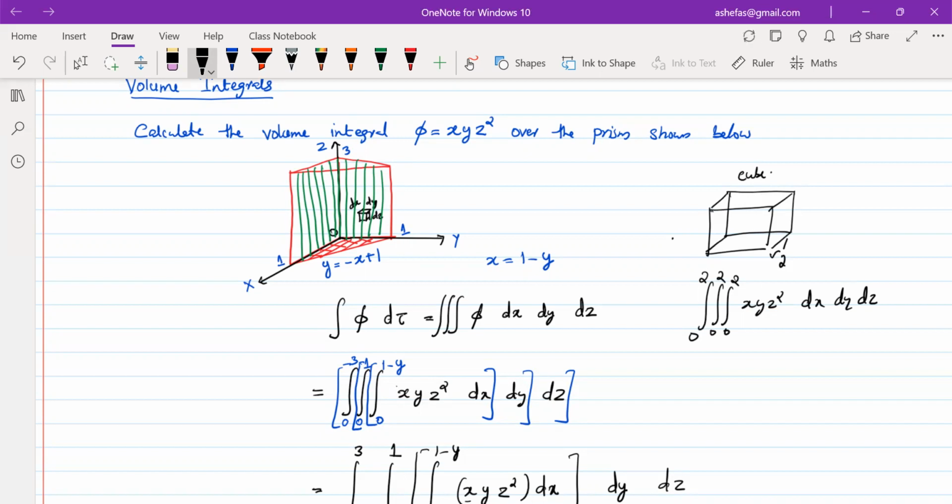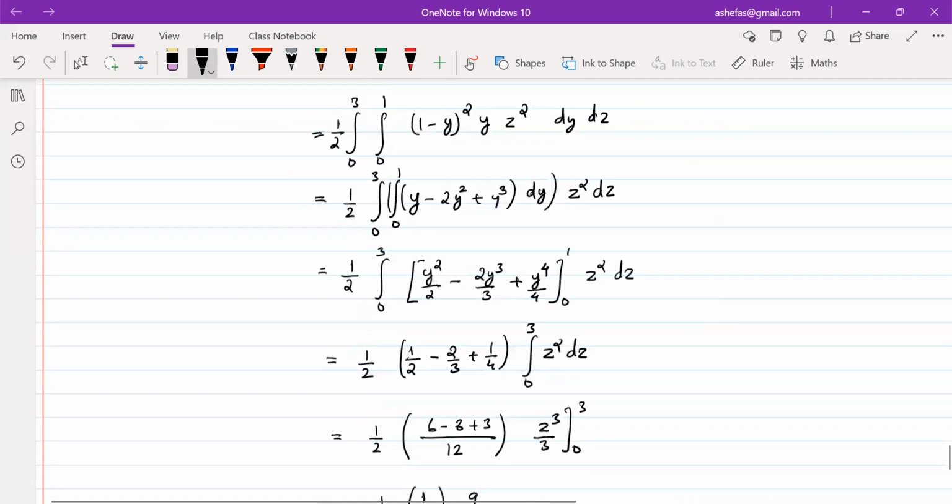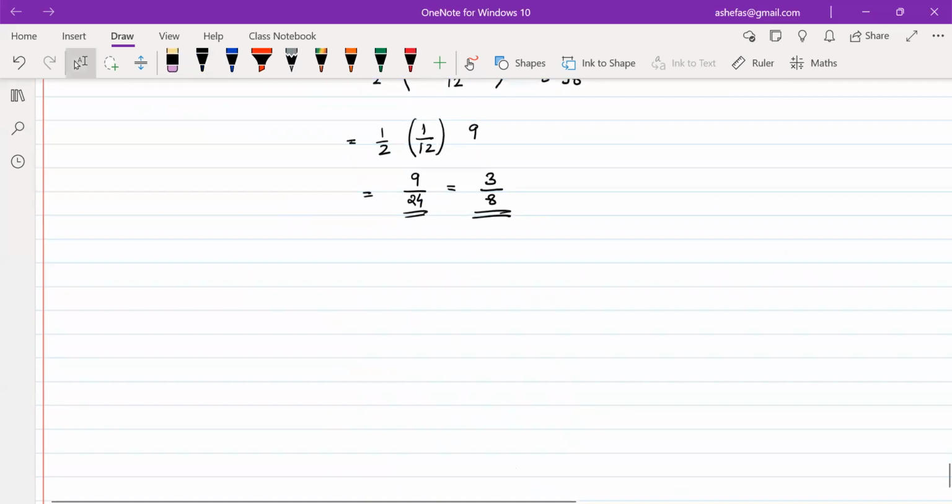Now if you take a sphere, then it will be slightly more complicated, that is, the limits of x, y, z would be interconnected. Obviously you can do such kind of problems. Here, recall, we have discussed the volume integration of a scalar field. Similarly, we can perform the volume integration of a vector field.